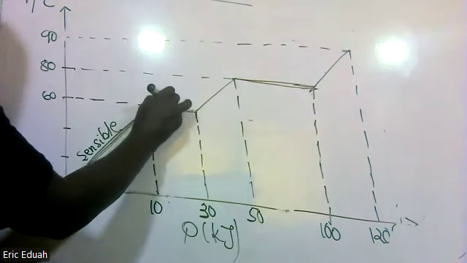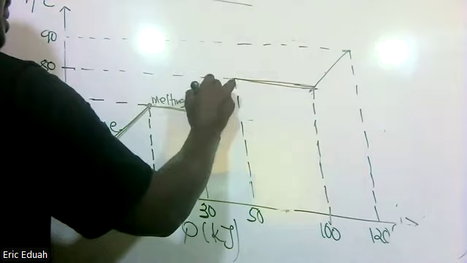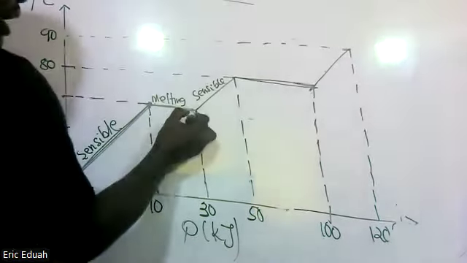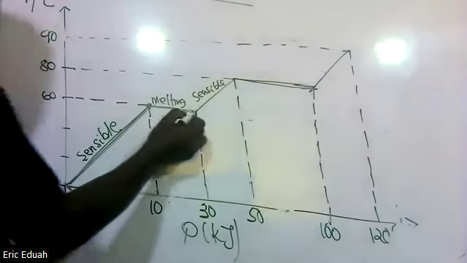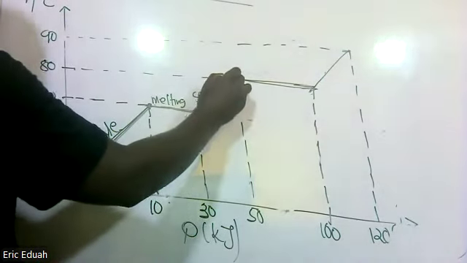So this is melting. Another sensible heat. This is where the temperature of the material has been raised from 60 to 80.